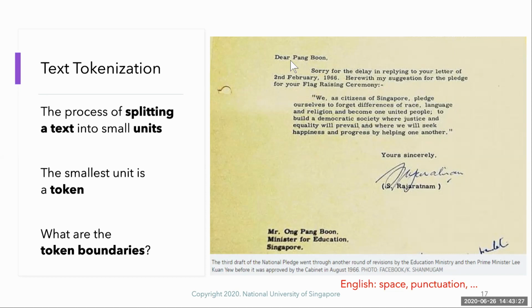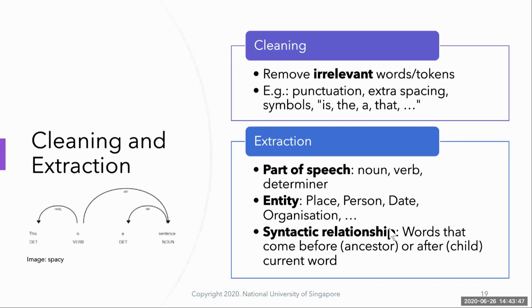Just like a name, this is not two words that happen to be added together. They're actually a person's name, so this will be identified as a person, and then letter is a noun, replying is an adverb, and things like that. And this is a date. Those are entities, and they are very useful.